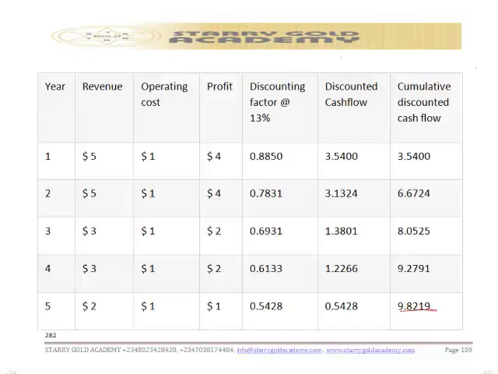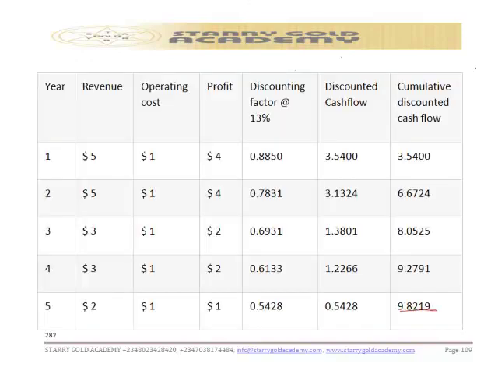We have NPV equal to present value minus initial outlay. Now, our present value is 9.8219. Is it correct?